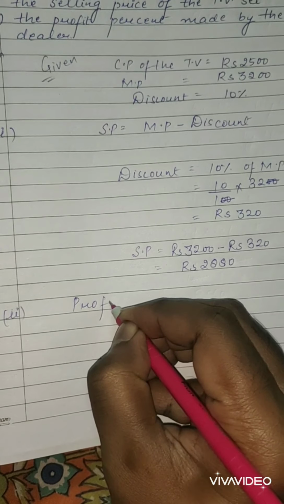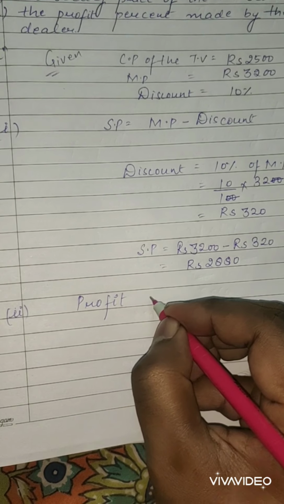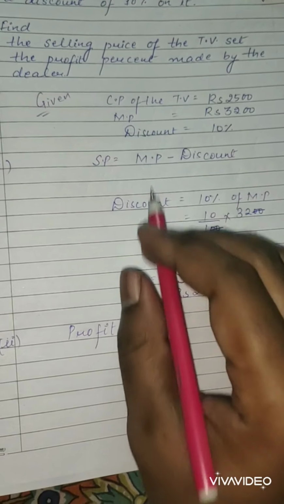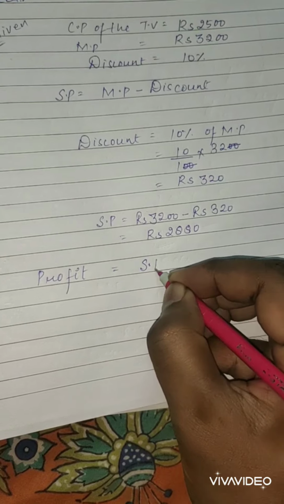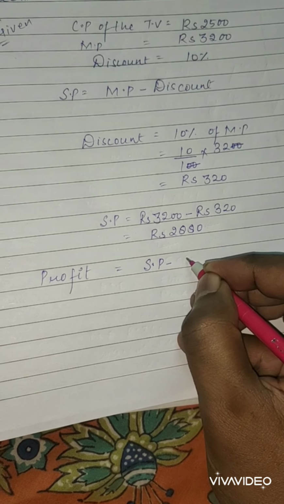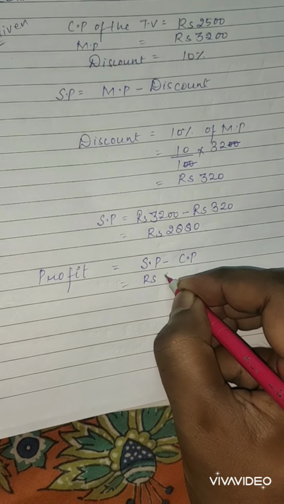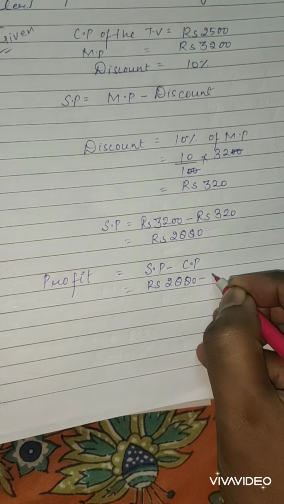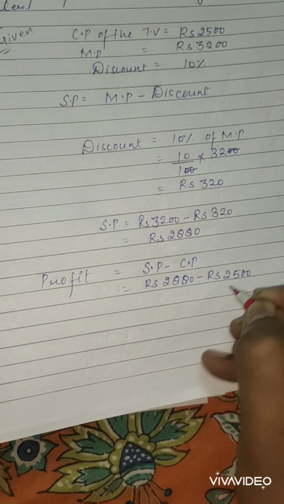Now profit. In order to take out the profit percent, first we will take out the profit. The formula of profit is selling price minus the cost price. So selling price is rupees 2880 minus rupees 2500.